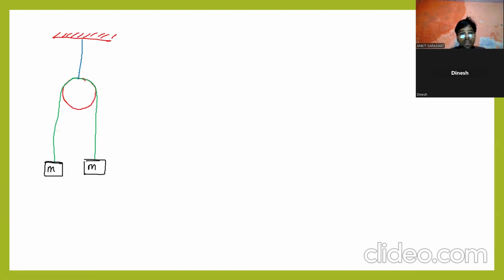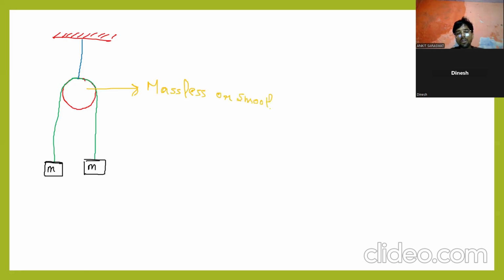Then tension here will be same only when the pulley is massless. If nothing is given, what is the mass of this pulley? Always take a massless pulley. This pulley is massless, means it has very negligible mass, or smooth.